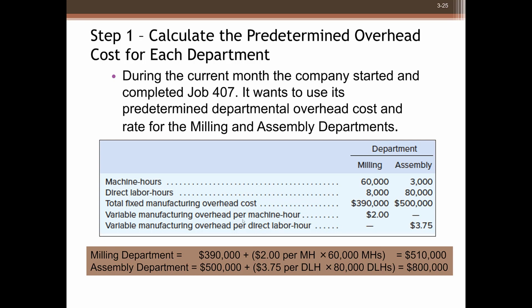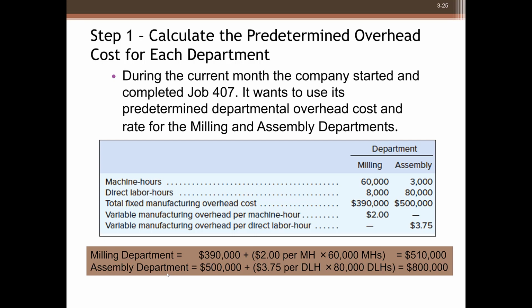B is the variable manufacturing overhead per machine hour. So for the milling department, $2, multiplied by the total level of allocation base, 60,000 machine hours. And we can get 510,000. This is the estimated total manufacturing overhead for the milling department.